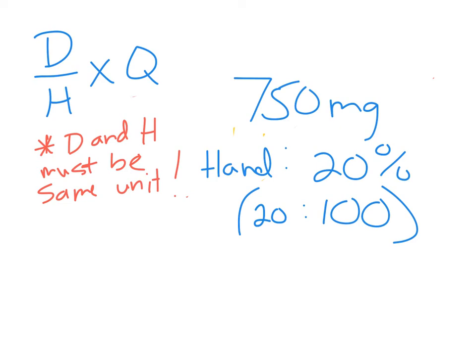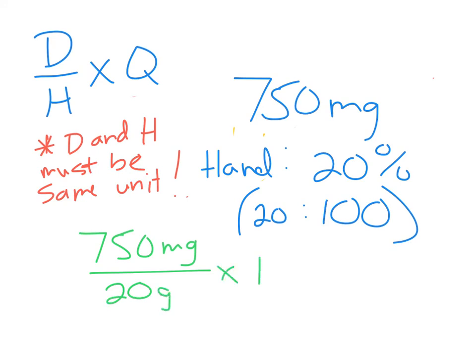It's a liquid solution. So when filling out our D, H, and Q formula, this would be 750 milligrams over 20 grams. Again, don't forget that ratio, that means grams per 100 milliliters. Okay, so again, to make sure that they're both in the same unit, I'm going to convert those 20 grams to 20,000 milligrams.